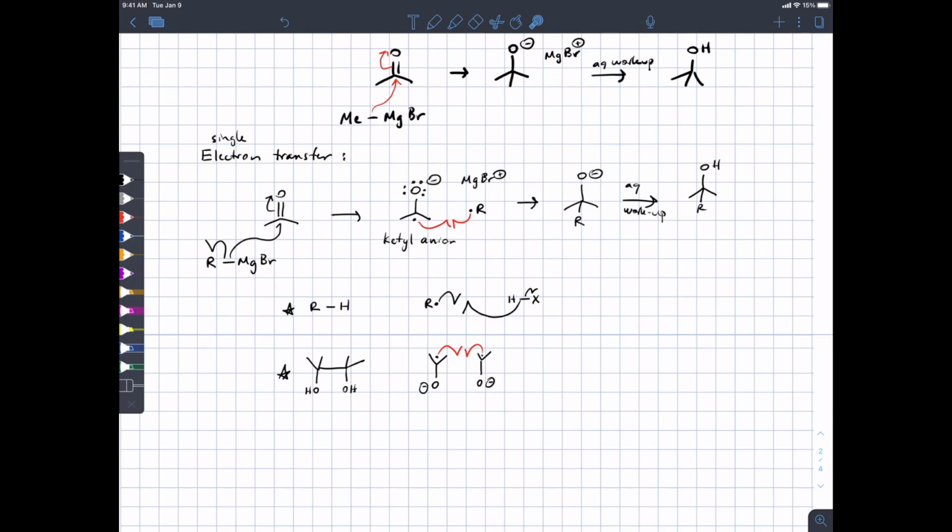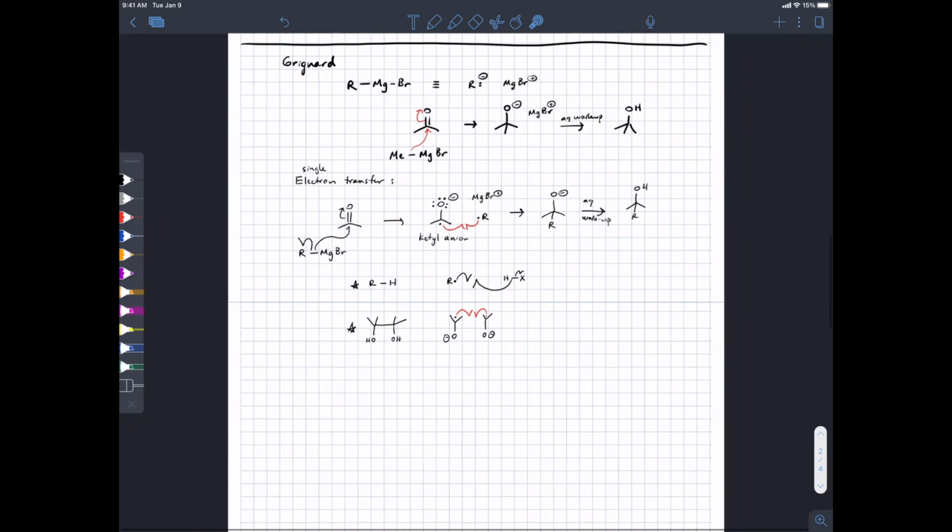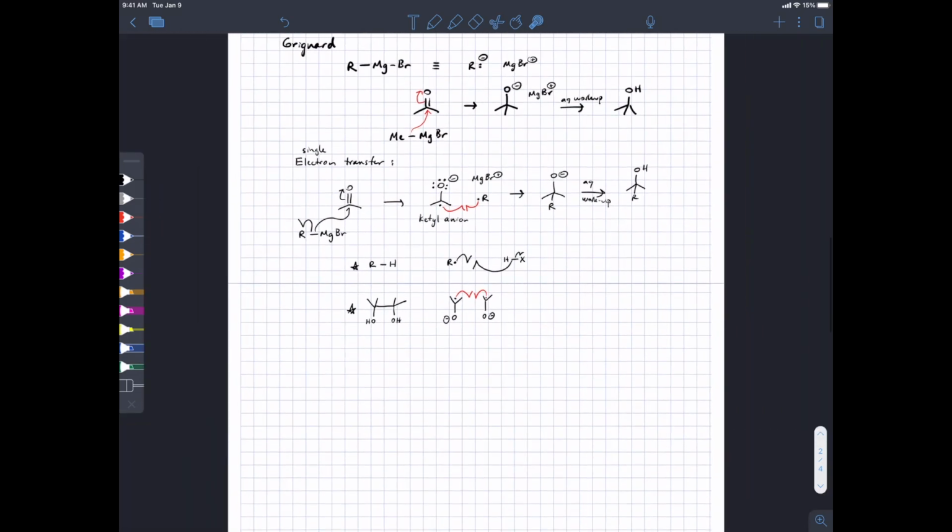All right. Let's see. Couple other things. When you make a Grignard reagent, it's actually in equilibrium with a dialkyl magnesium species.